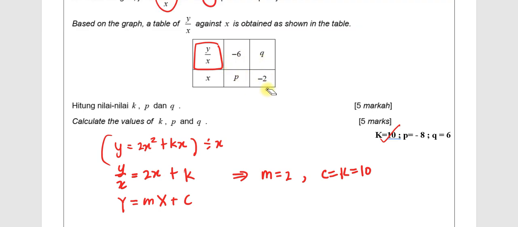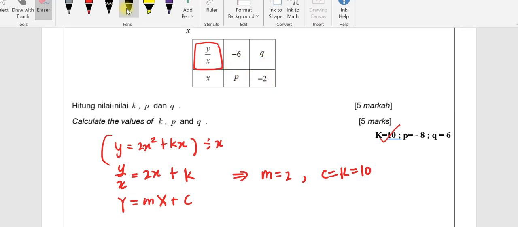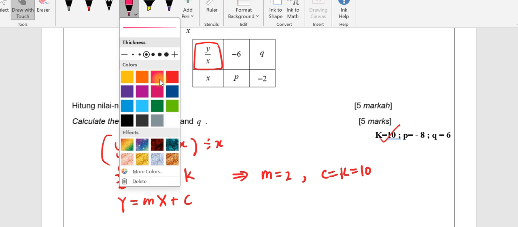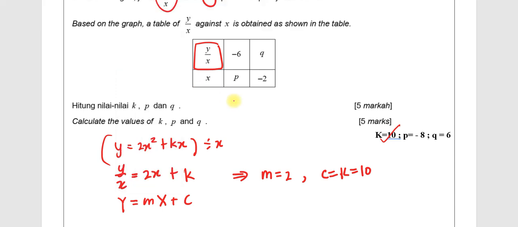However, you have your y-intercept information. Your y-intercept is 10, that means 0, 10, right? That means your x is 0, your y is 10. Like that. So we can substitute one by one and see.